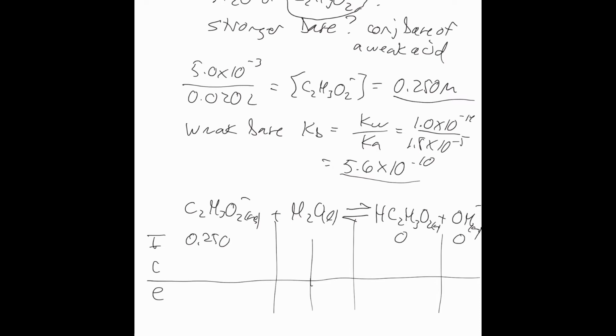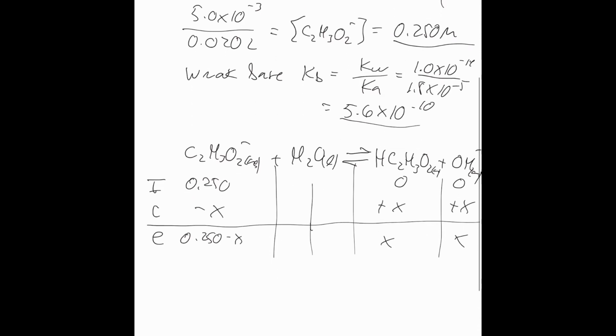You'll notice this is like the reverse of what we just did, but this is a weak reaction, so we've got 0 of those at the beginning of this equilibrium. And then we do our algebra: minus x, plus x, plus x. So it's 0.250 minus x, and then x and x.